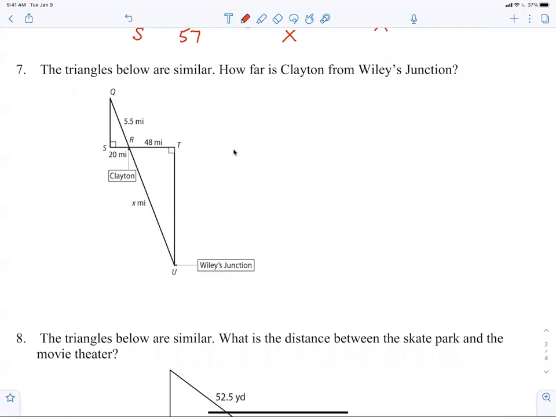Okay. Now, read. The triangles below are similar. Top line is... I did 5.5 from 20. Hold up.